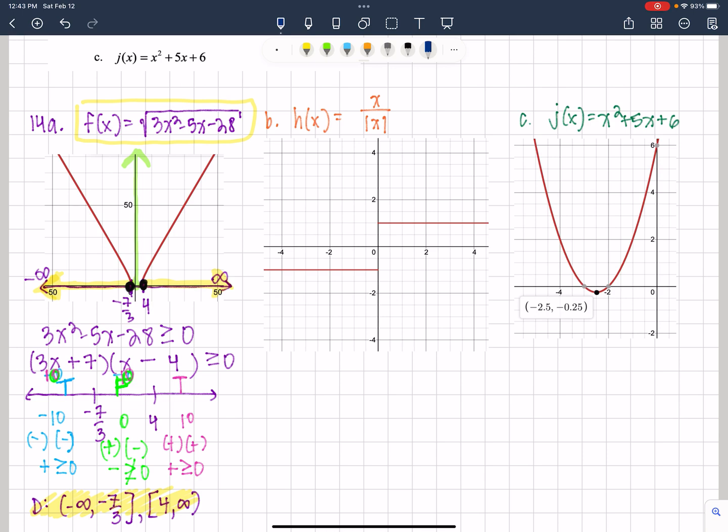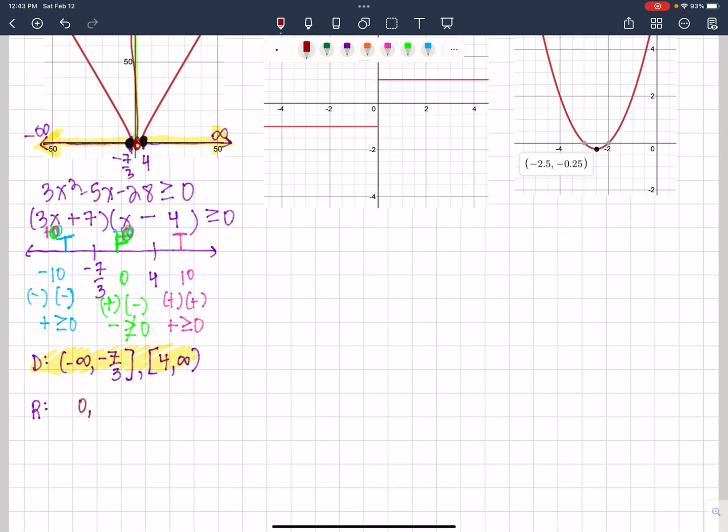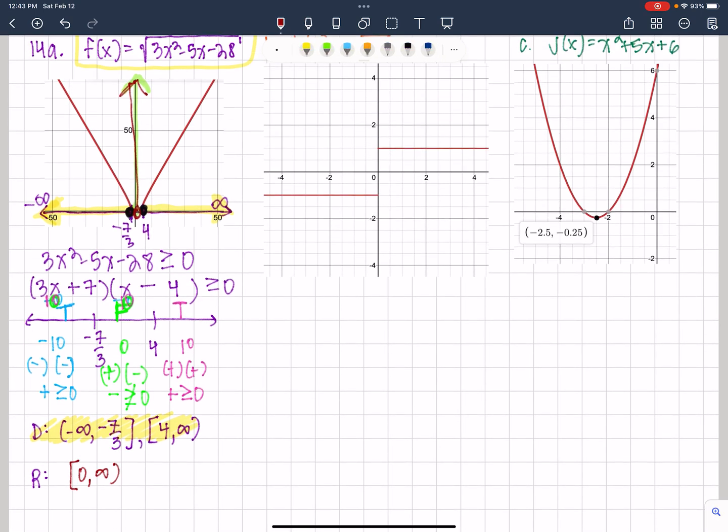So our y values are along the vertical axis. So we would get 0 out, all the way from this 0 out, all the way up to positive infinity. So 0 to positive infinity. And there's our domain and range. Okay, so let's try the next one, and we'll just look at the graph this time.